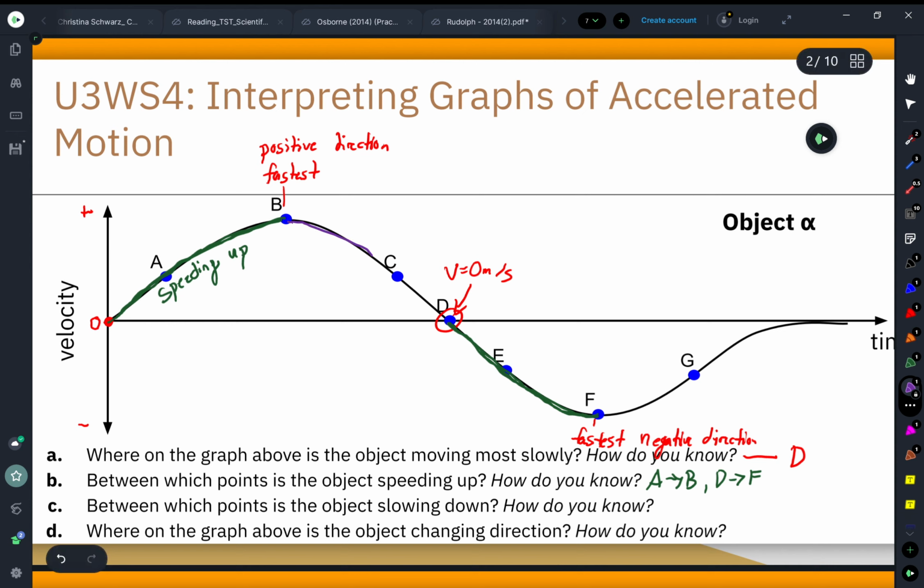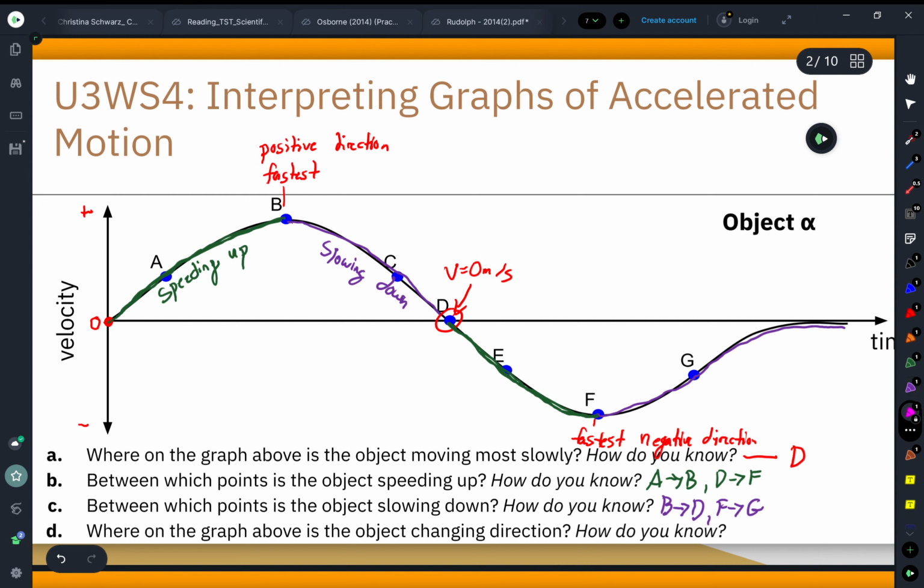That is from B to D. That also occurs from F to G, and then all the way left on that function. So it's slowing down from B to D, because it's getting closer to a velocity of 0, and from F to G for the same reason.